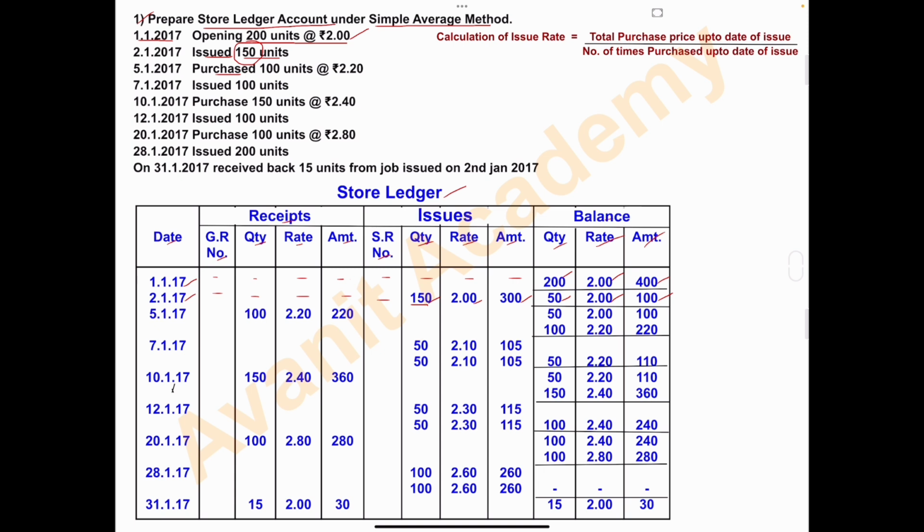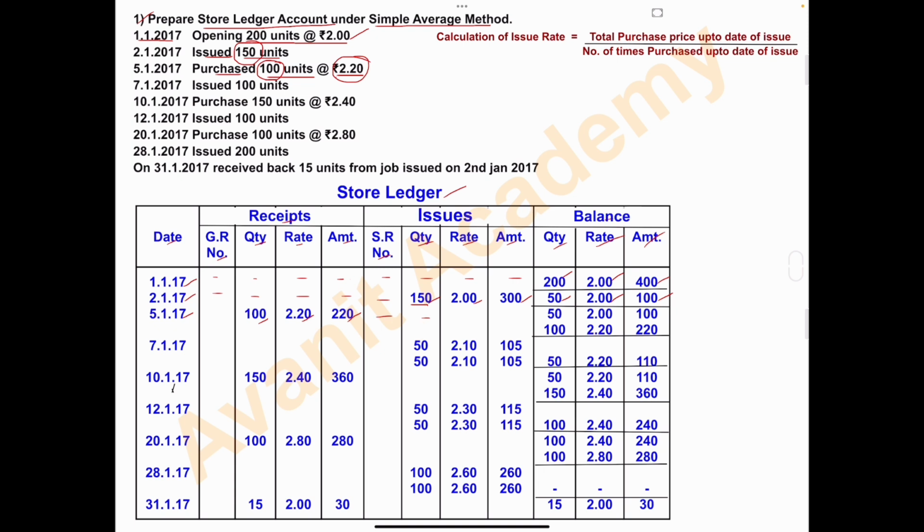Next is on 5th January 2017, purchased 100 units at rupees 2.20. Purchased will be written in receipts column. 5th January, number of units purchased is 100. Rate per unit is 2.20. 100 into 2.20, amount is 220.